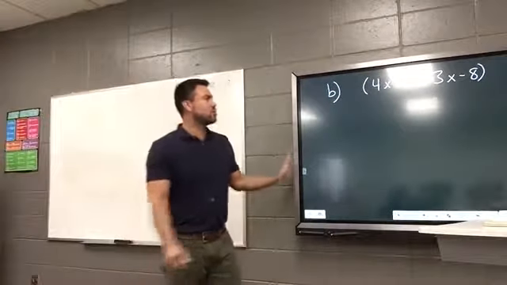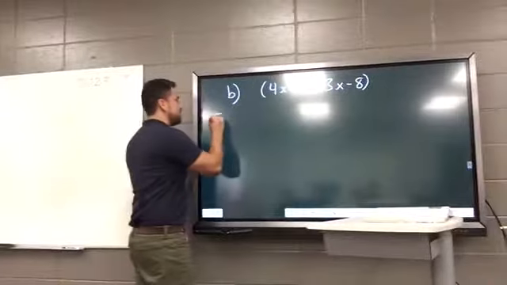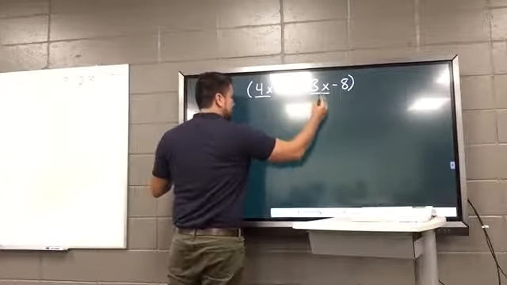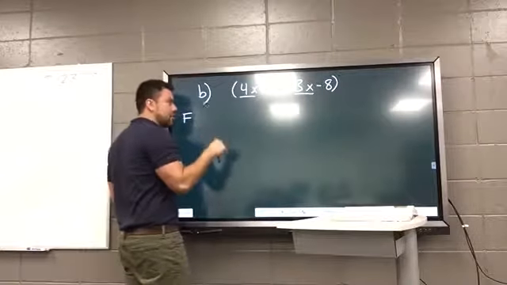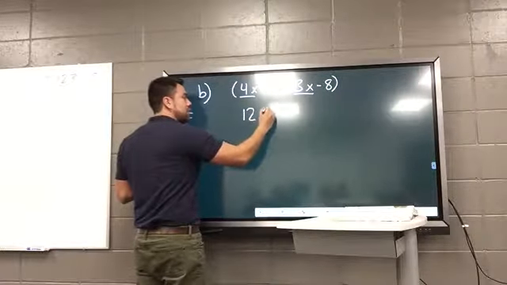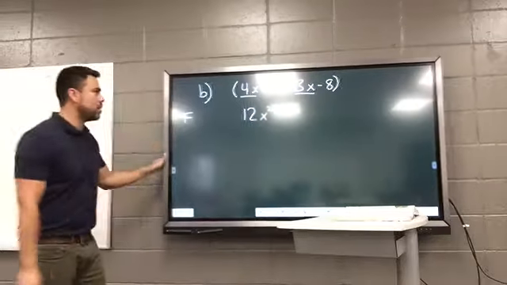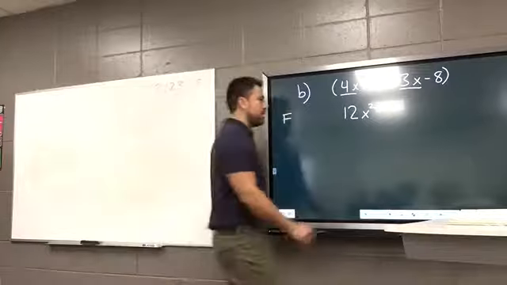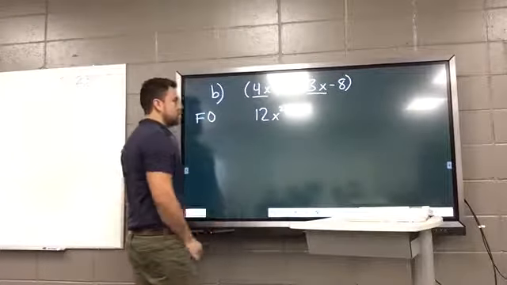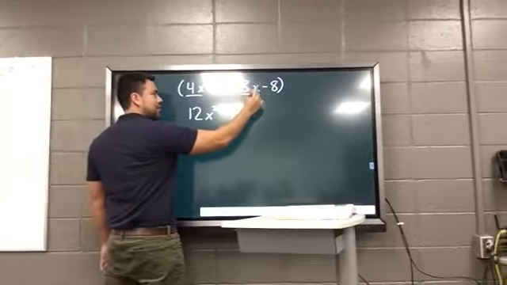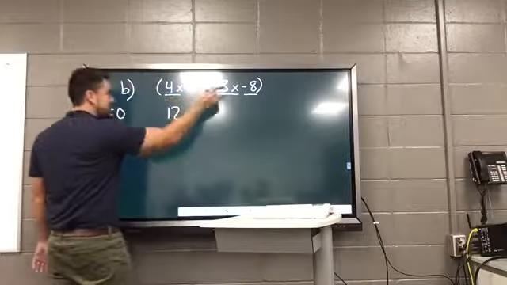Okay, first, what are the first terms here? Can someone tell me? 4x and 3x, which multiplied together give me 12x squared. It's 12x squared because 4 times 3 is 12. x times x is x squared. The outer terms, 4x and negative 8.